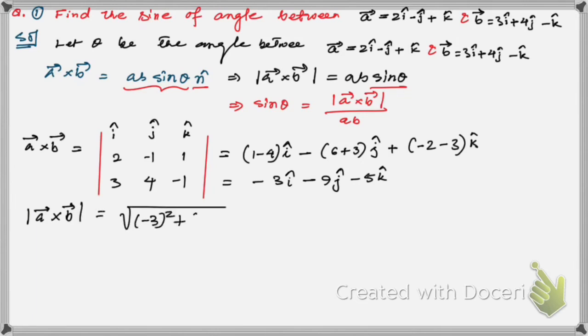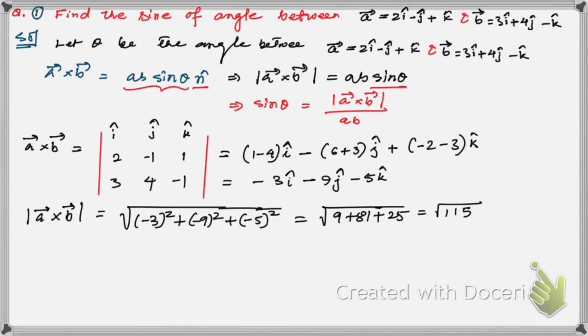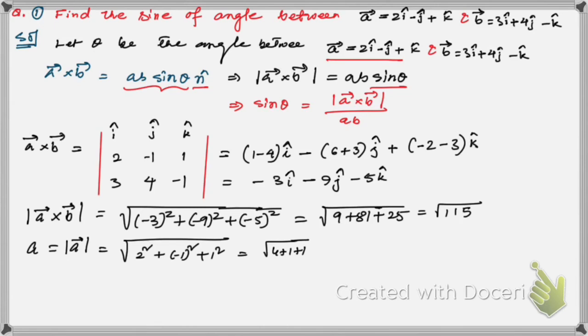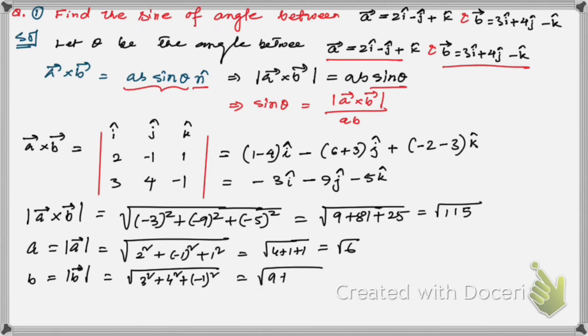Magnitude will be this. So here is the magnitude of that vector product. Now let's find the magnitude of vector A. That's going to give you root over 6, yes, root over 6. And the magnitude of vector B will be root over this one, and it's going to be root 26.